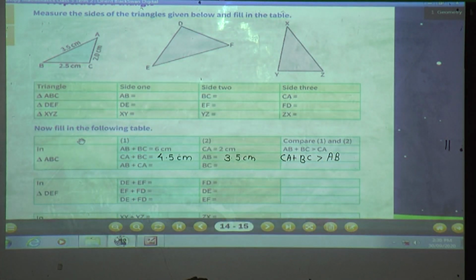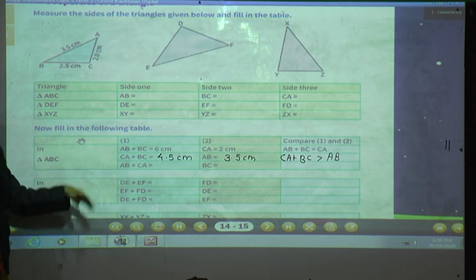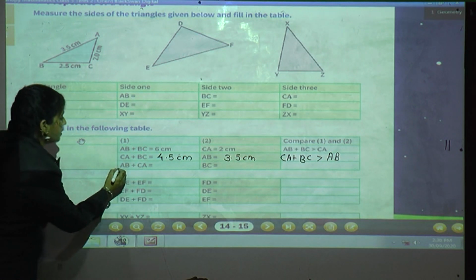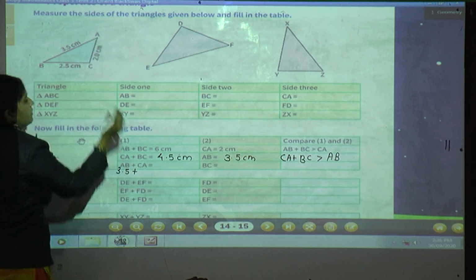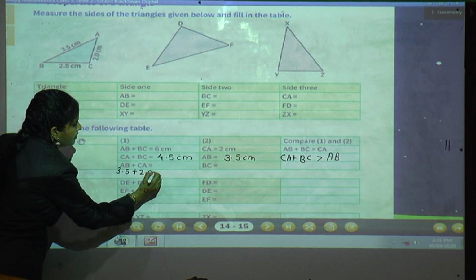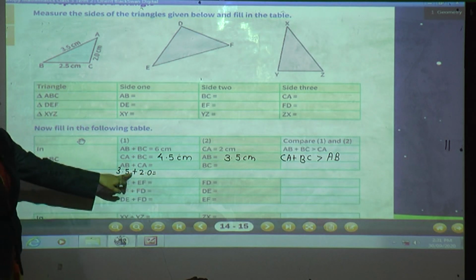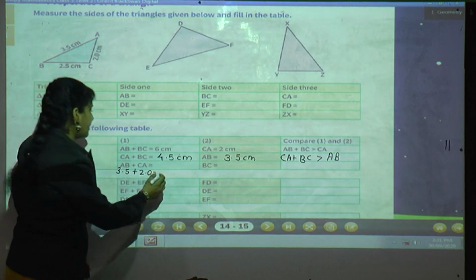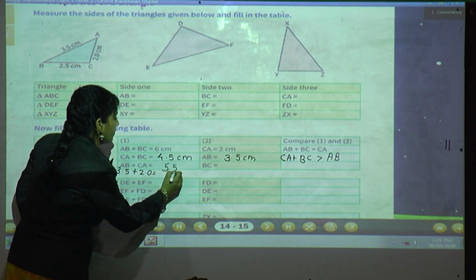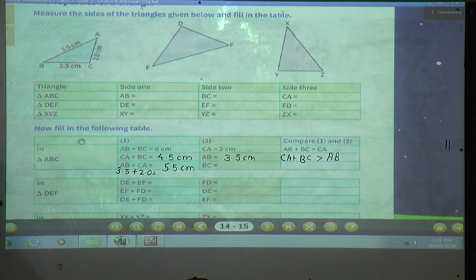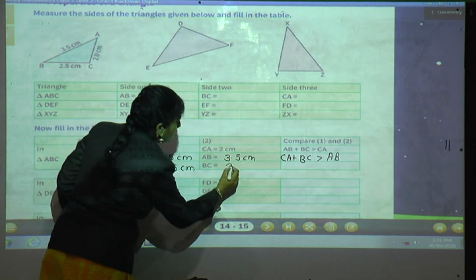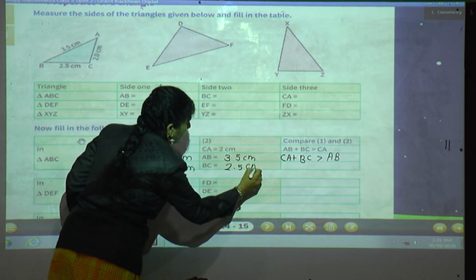Now, we'll see side AB plus CA. Side AB is equal to 3.5 centimeter and CA is equal to 2.0 centimeter. Now add these two, we'll get 5.5 centimeter. Now BC, they have already given 2.5 centimeter.